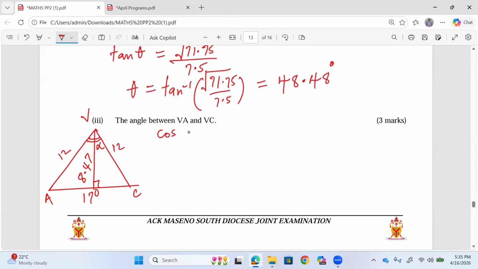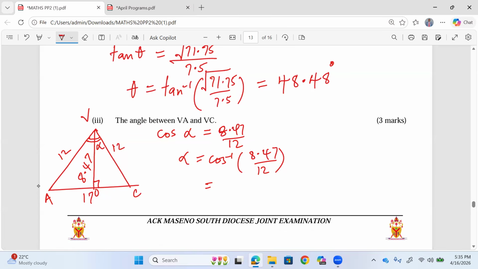So the cosine of the angle alpha equals adjacent length 8.47 out of hypotenuse 12. So that alpha becomes the cosine inverse of 8.47 out of 12. We're finding cos inverse, so shift cosine of 8.47 out of 12.